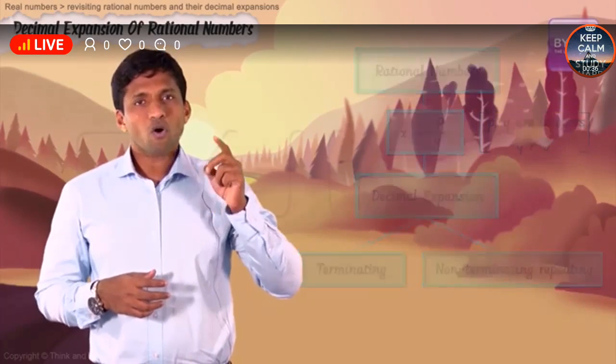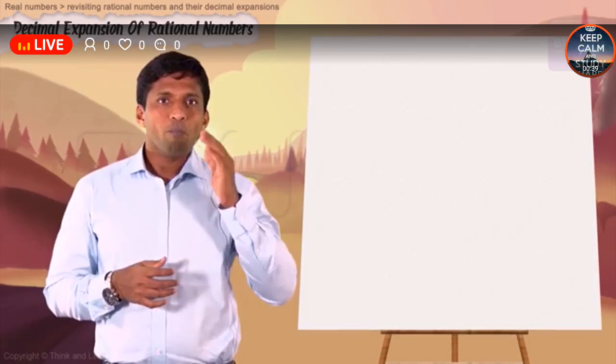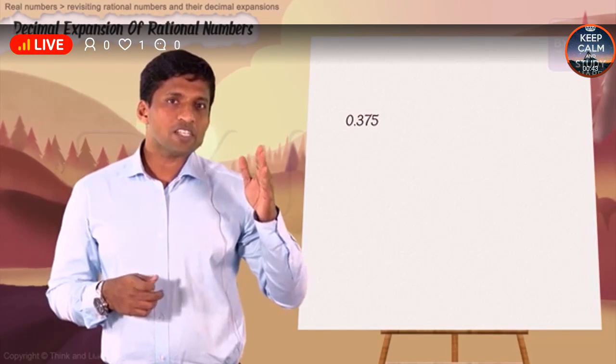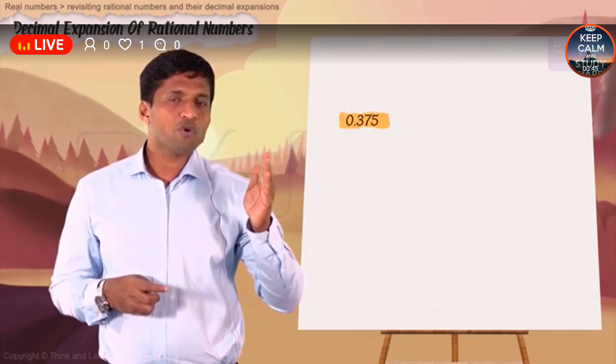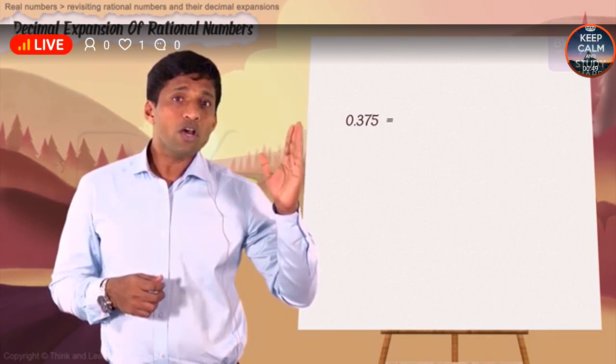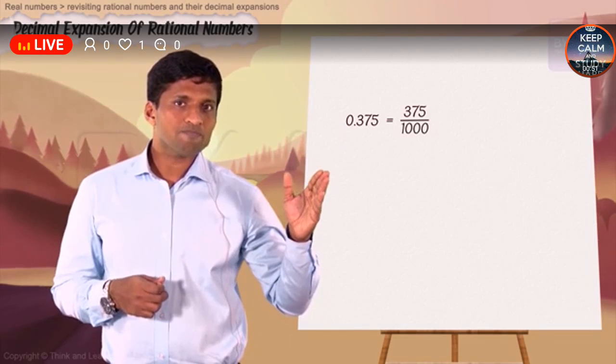Let's consider one rational number, 0.375. Now if you express it as p by q, one way of doing that is to write 0.375 equal to 375 by 1000.